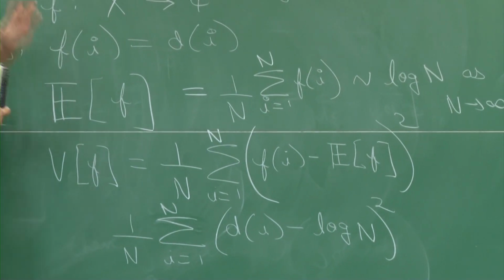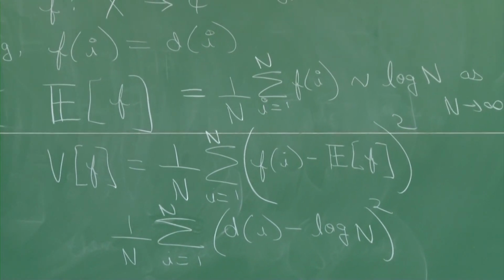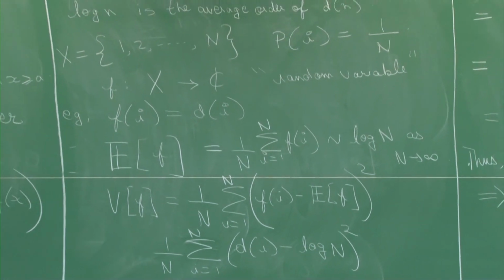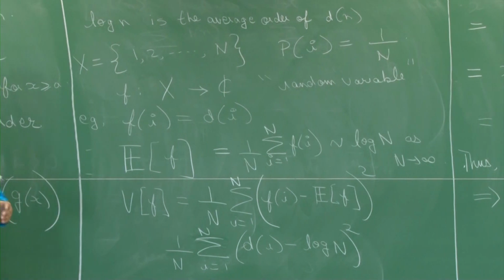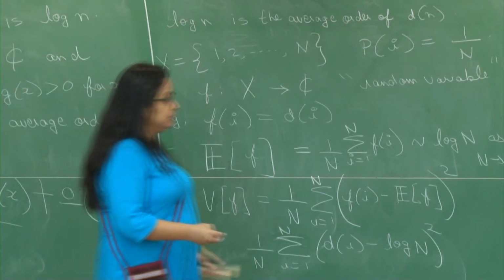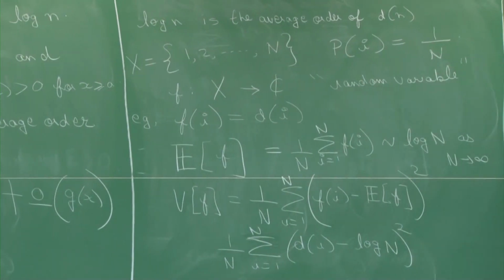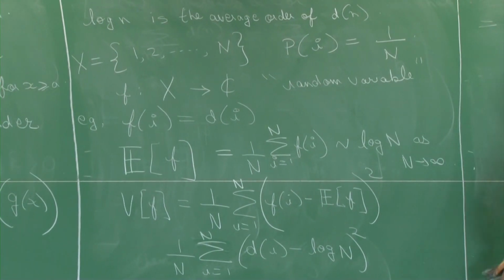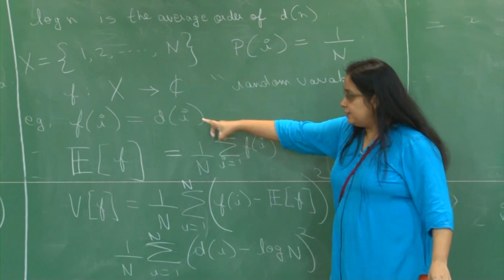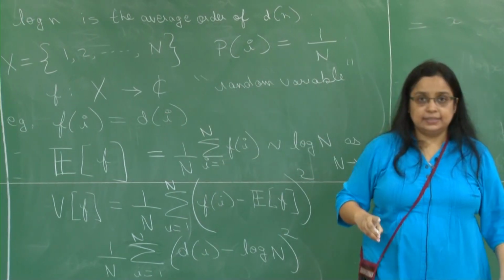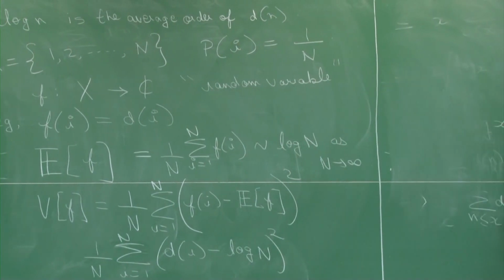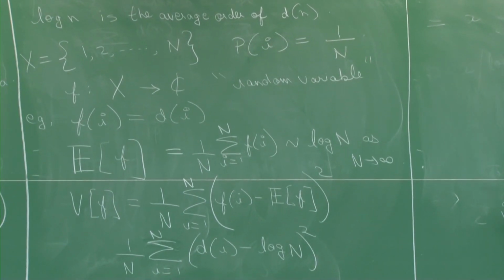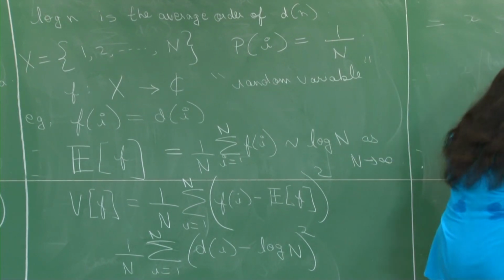This is how probability starts to enter the picture when you are trying to understand orders and average orders of arithmetic functions. We will continue on this theme, but instead of focusing on the number of divisors, we are going to study another very special function, namely the number of distinct prime divisors of n, and study these notions for those.